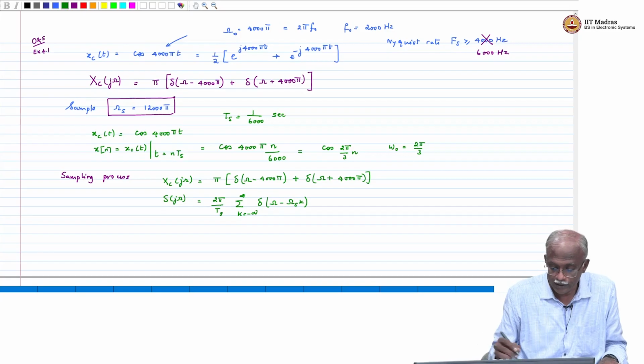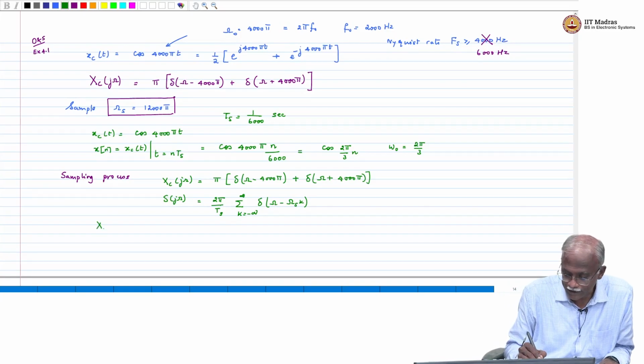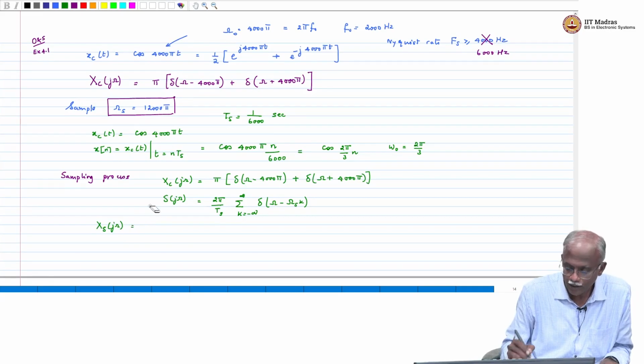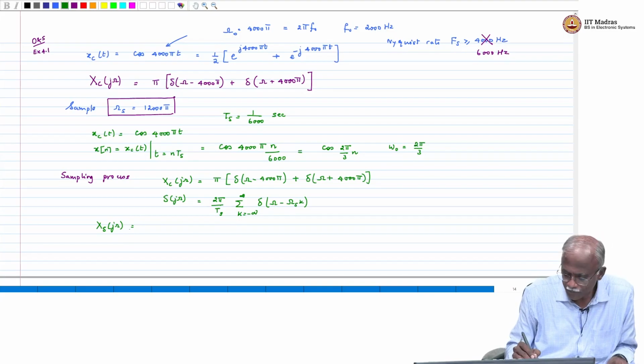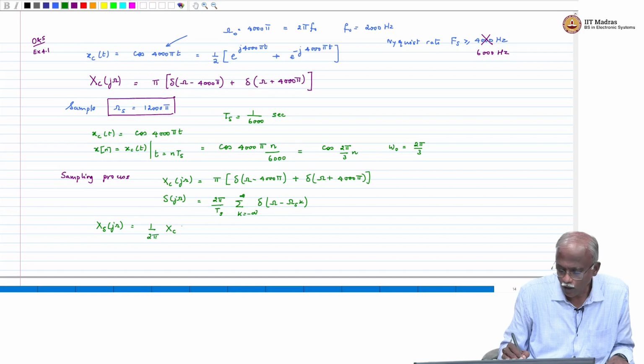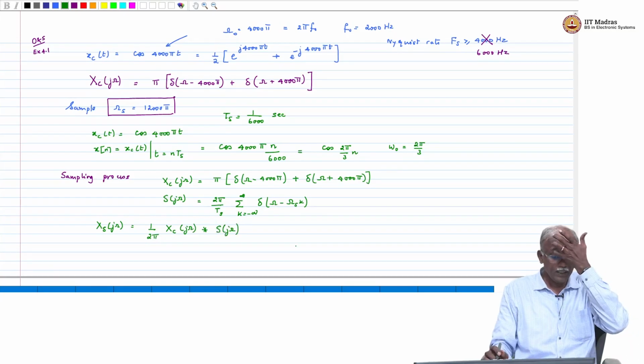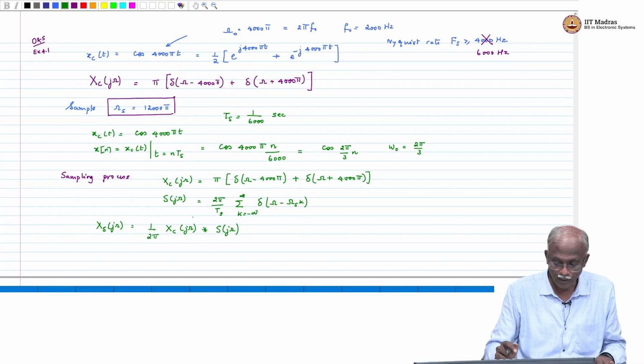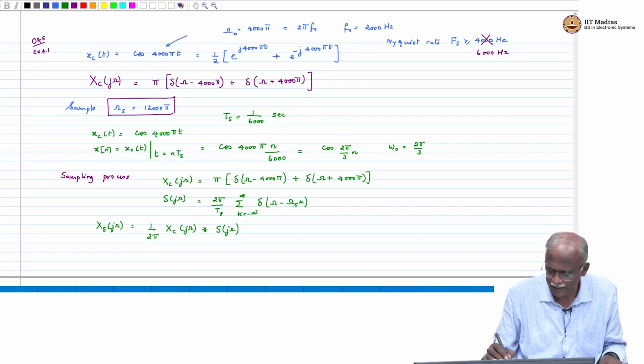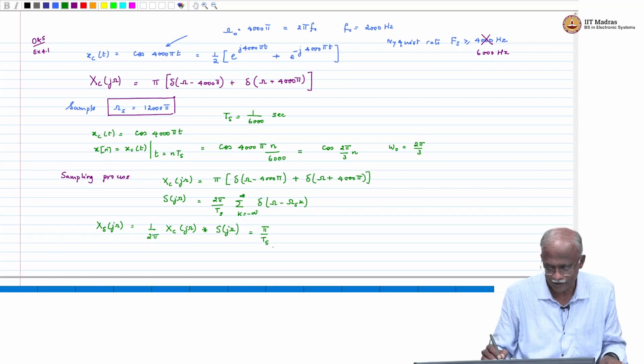Remember that the spectrum of the sampled signal is equal to 1 by 2 pi, xc of j omega convolved with s of j omega. Okay. So make sure you take care of the scale factors. This will come out to be pi over Ts. The overall scale factor is pi over Ts.